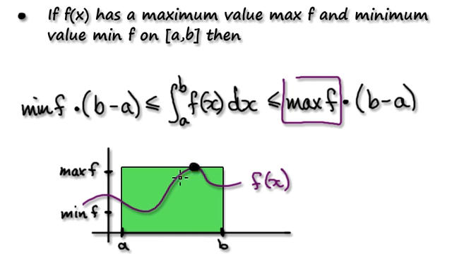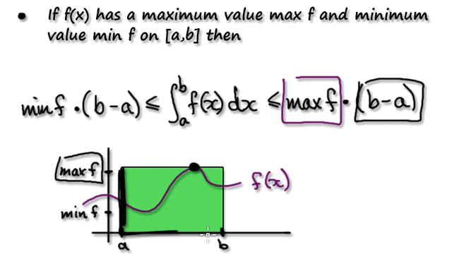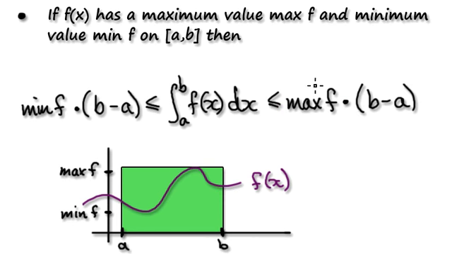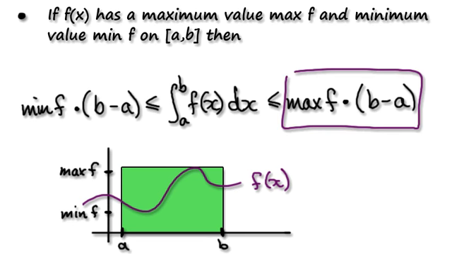So that's this point here. So this is our max f. Max f is really the height here, and then you multiply by the width. Then if you get this times this, that will give you the area. So this whole thing here is the area, the green rectangle here.